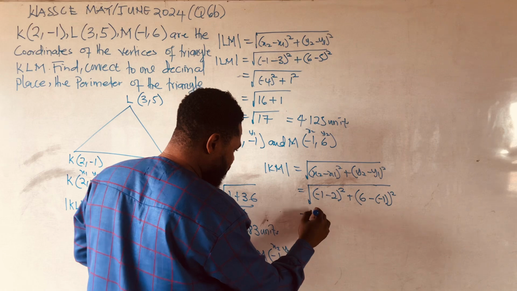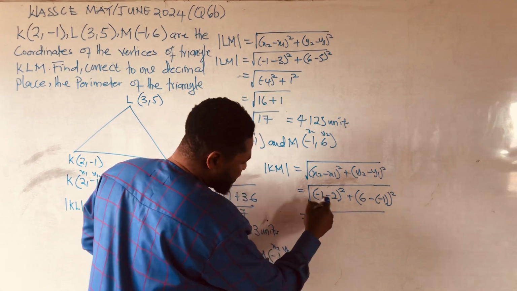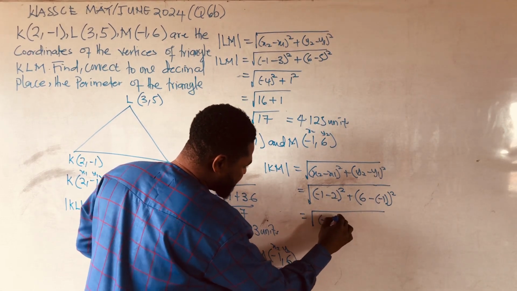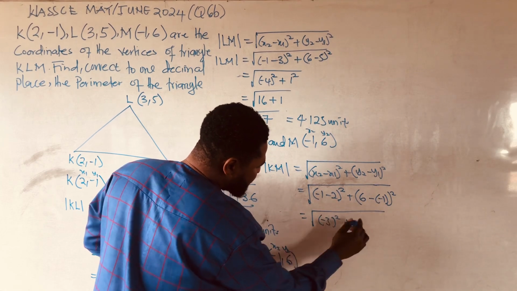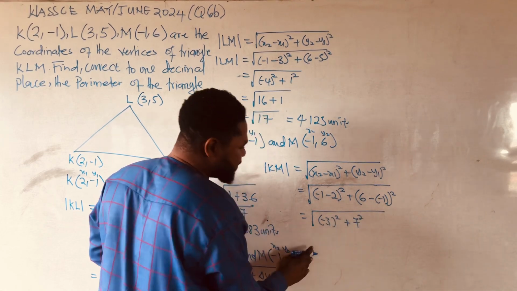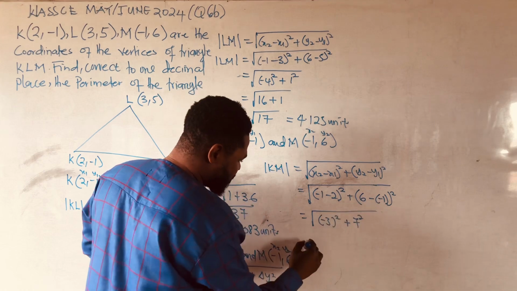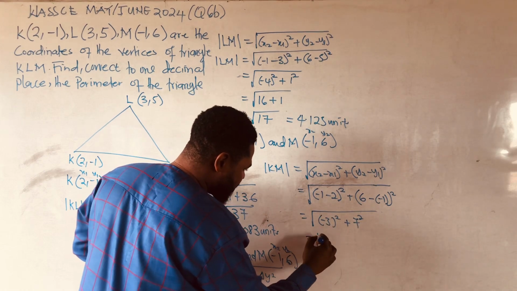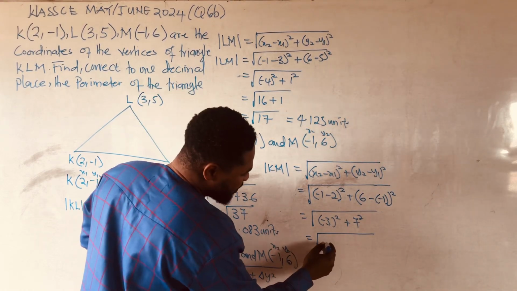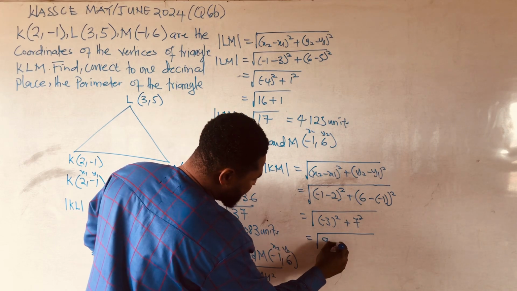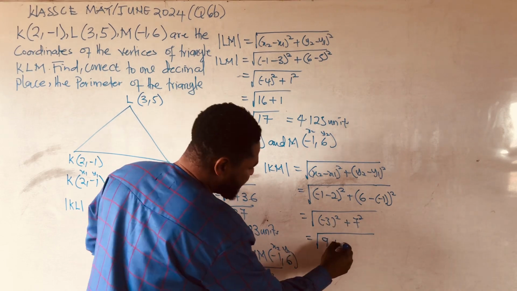Again, we simplify this and we get -3 squared plus 7 squared. So we can break it down, where -3 squared gives us 9, plus 49.